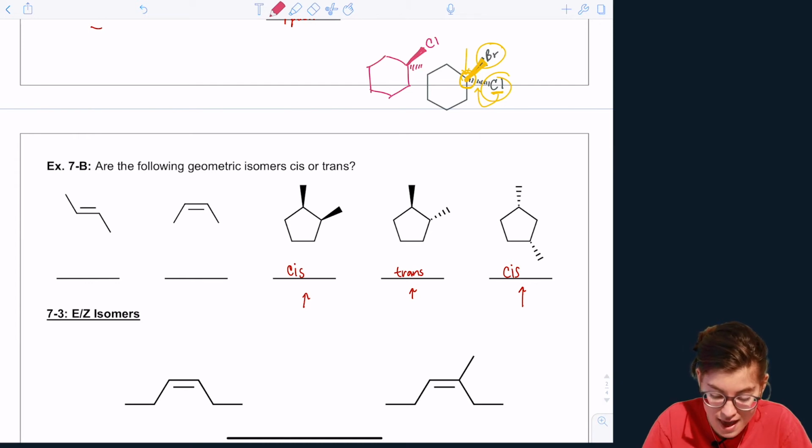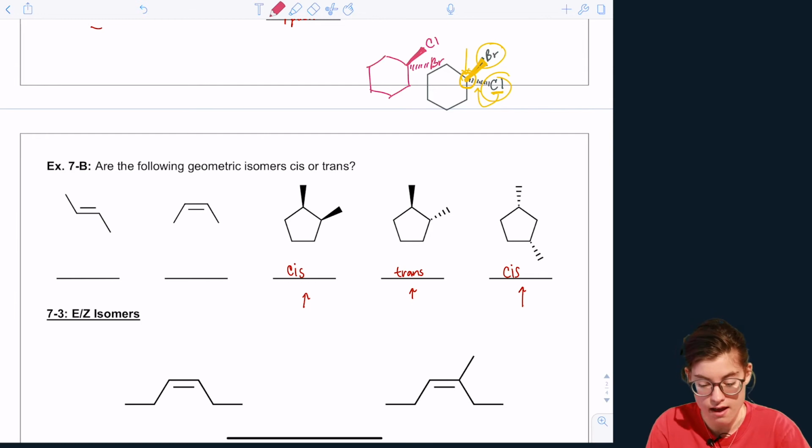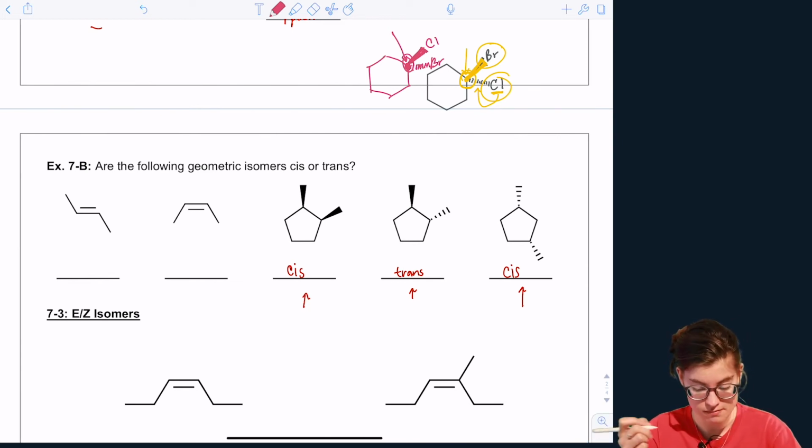Well, the bromine would have to be on the dash because that's the only bond that's left for this carbon, okay? So when you have two substituents and they're bonded to the same carbon in a ring, you don't use cis or trans for the relationship because the relationship is already given by the fact that this carbon has to have one bond going in the wedge and one going in the dash direction, okay?